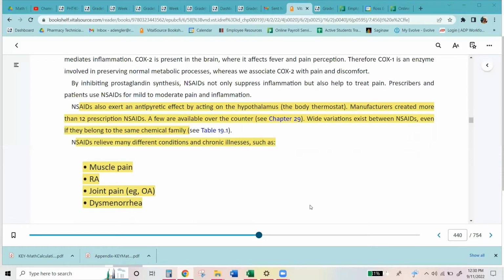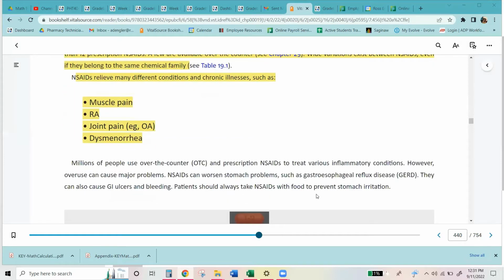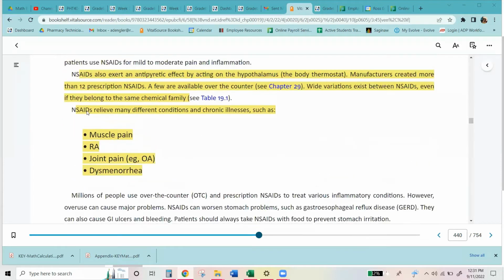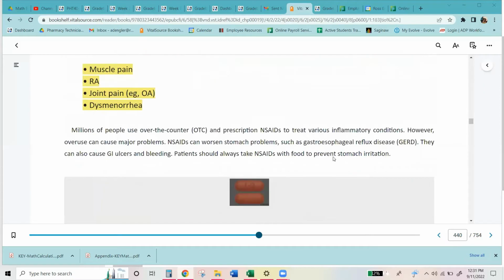Manufacturers created more than 12 prescription NSAIDs. A few are available over the counter, and wide variations exist between NSAIDs, even if they belong to the same chemical family. They can treat conditions in chronic illness, such as muscle pain, rheumatoid arthritis, joint pain, which is osteoarthritis, and menstrual type pain.